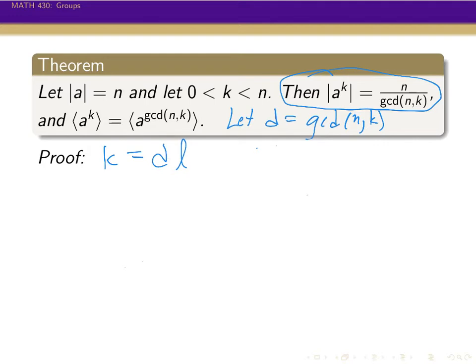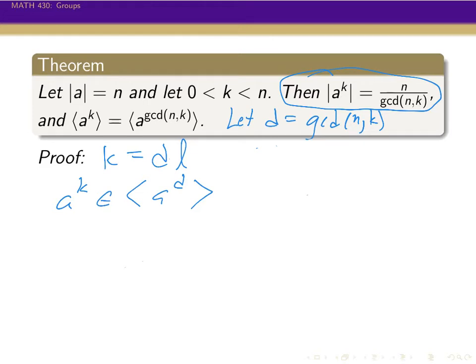In the counting argument, first notice that k is a multiple of d, and so this means that a to the k is an element of the subgroup generated by a to the d, because the subgroup generated by a to the d is simply all of the powers of a to the d.